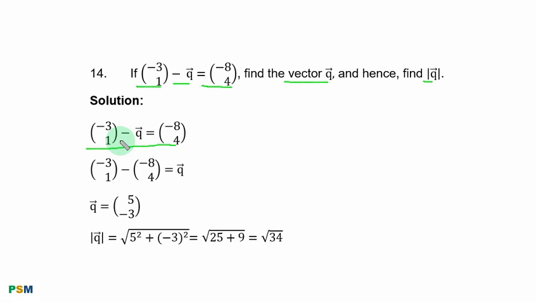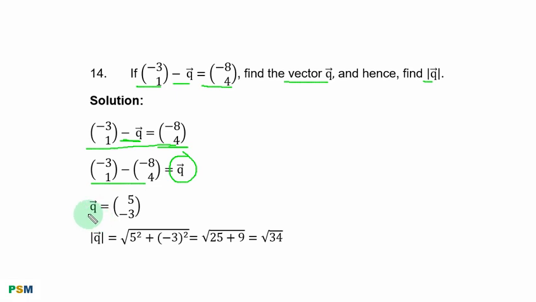To achieve that, you transfer minus vector Q to the right. It becomes positive, and you transfer this column vector to the left, it becomes negative.